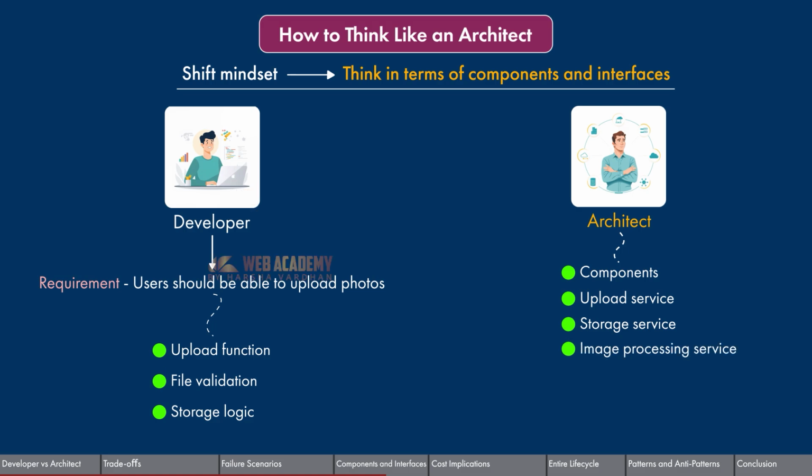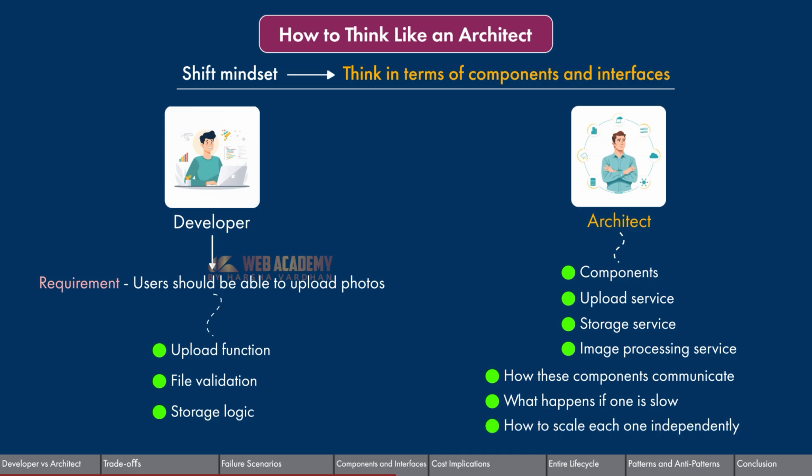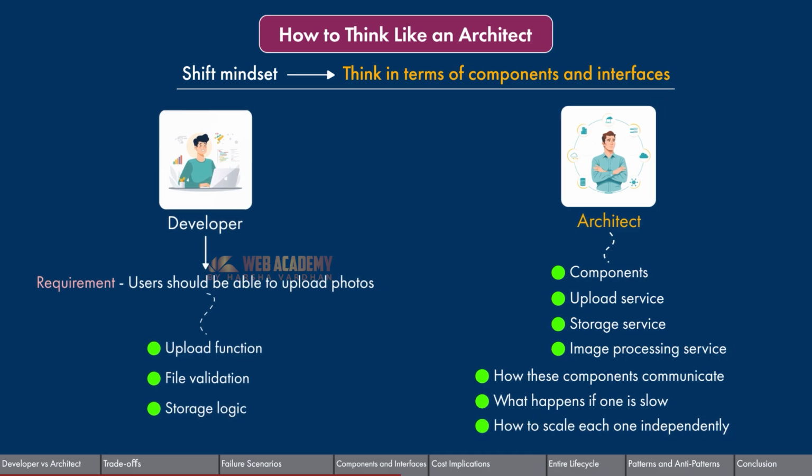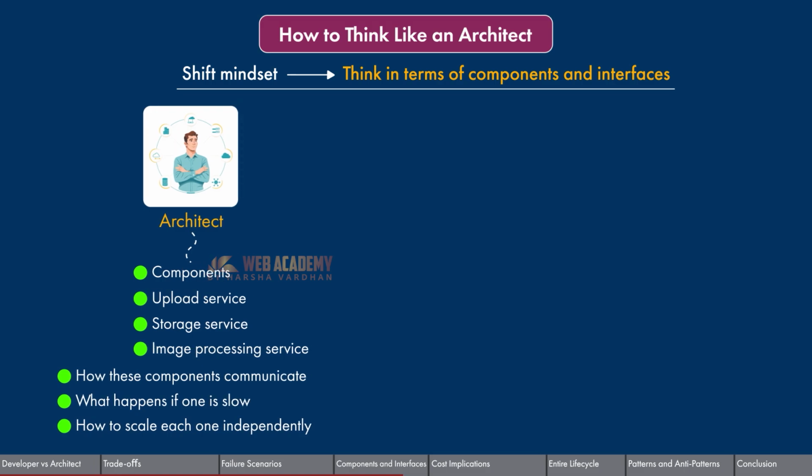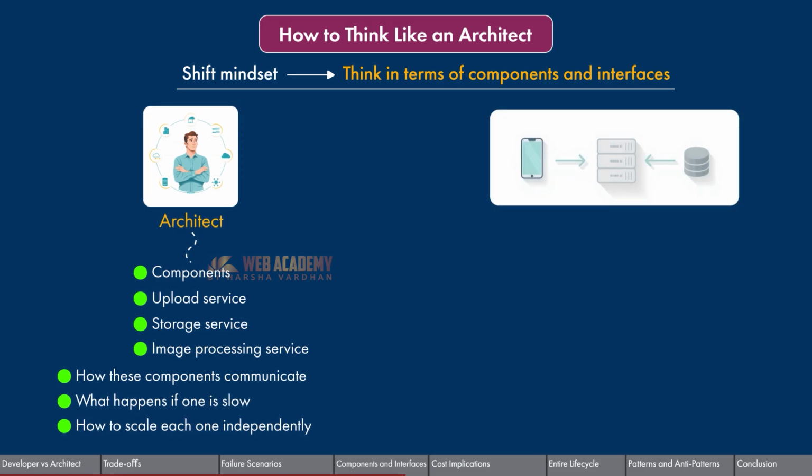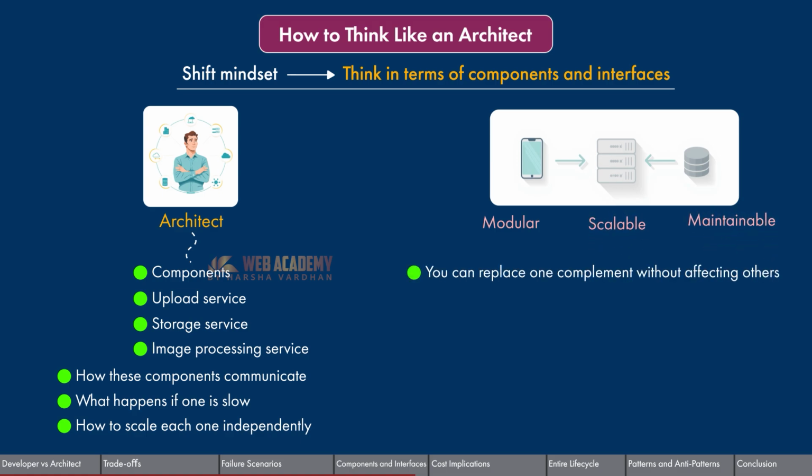And they think about how these components communicate, what happens if one is slow, and how to scale each one independently. This component-based thinking allows you to build systems that are modular, scalable, and maintainable. You can replace one component without affecting the others, and you can scale the different parts based on their load.